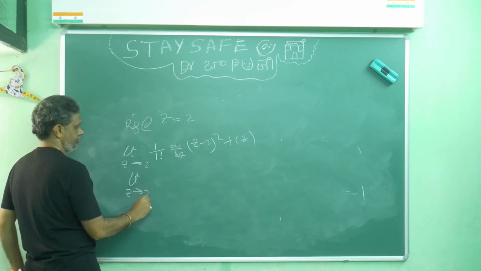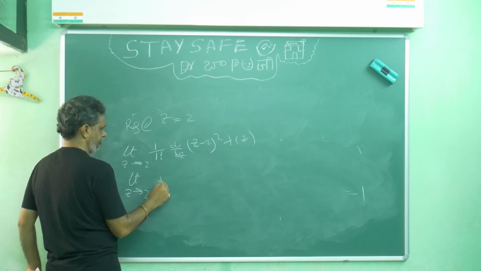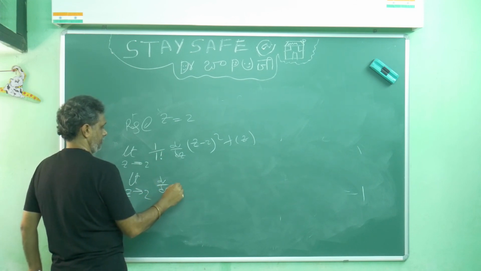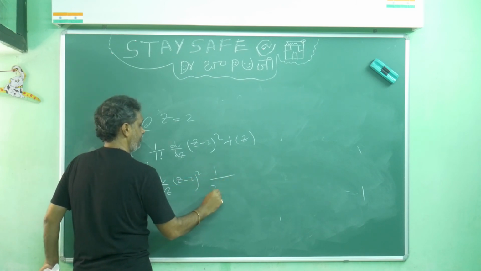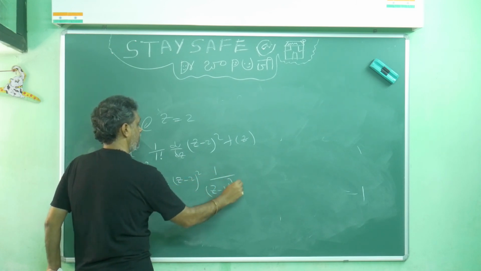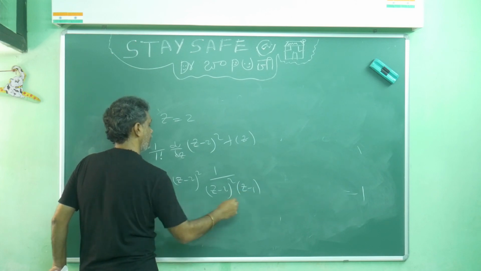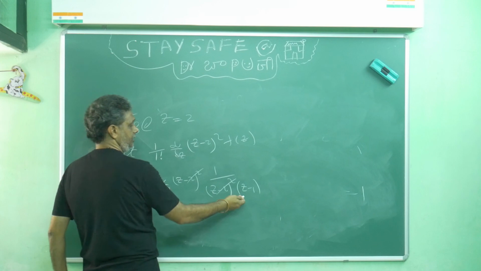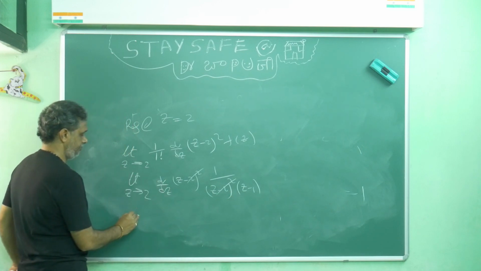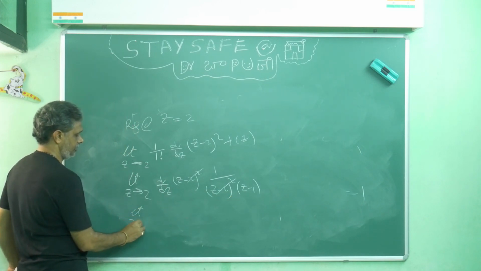Limit z tends to 2, 1 by 1 factorial, okay I am omitting. Z minus 2 whole square times 1 by z minus 2 whole square into z minus 1. This is 1 by z minus 1. Differentiation of 1 by x is minus 1 by x whole square.